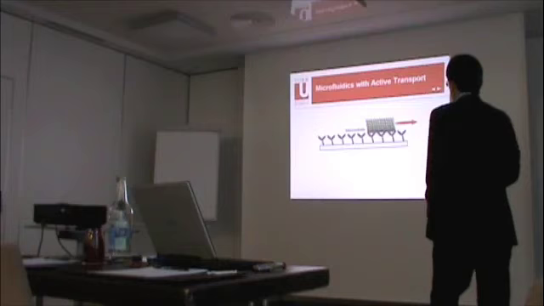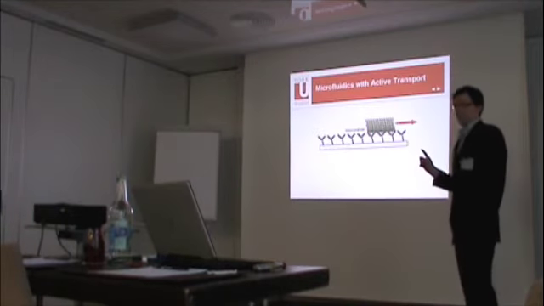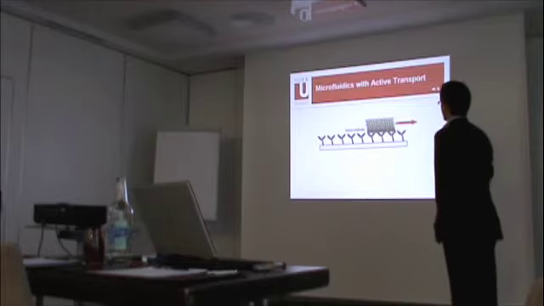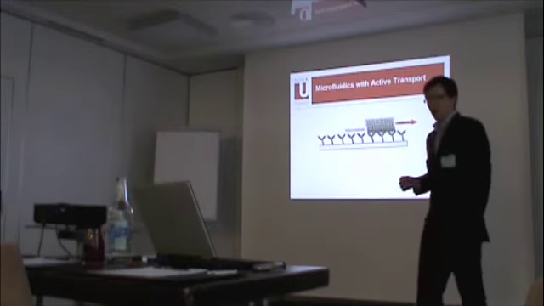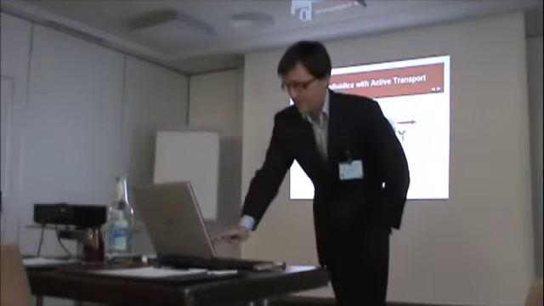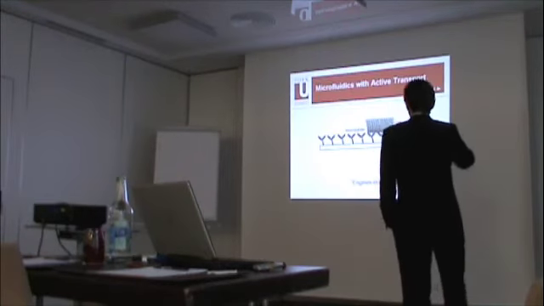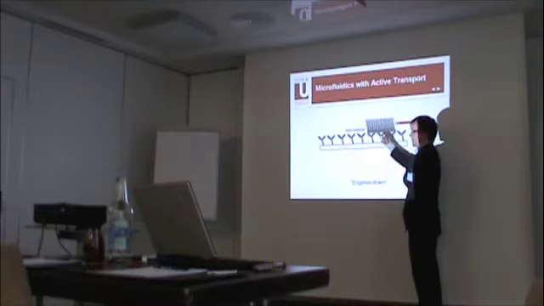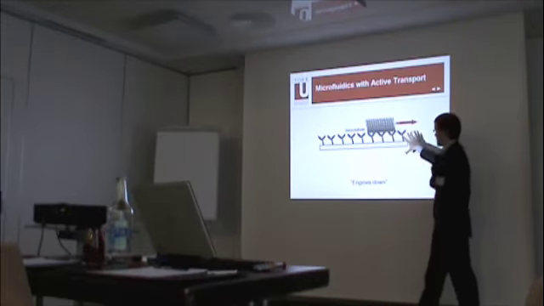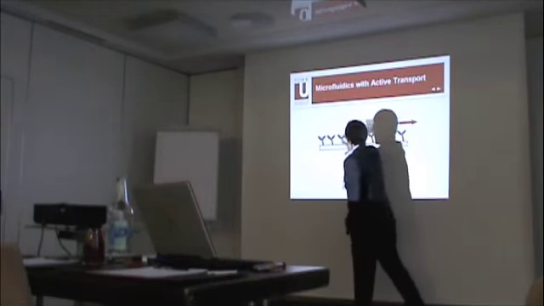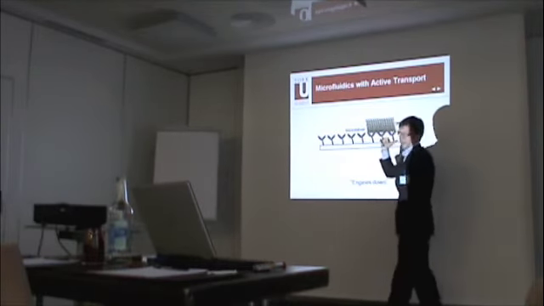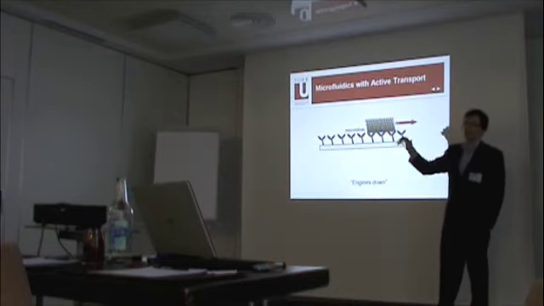But this is the alternative method, and this is the one that we're going to examine in this work, which is called engines down. So instead of the kinesin propagating along the microtubule, now we have a bed of kinesin down here attached to some kind of substrate, and the microtubule is actually propagating along that bed of kinesin.